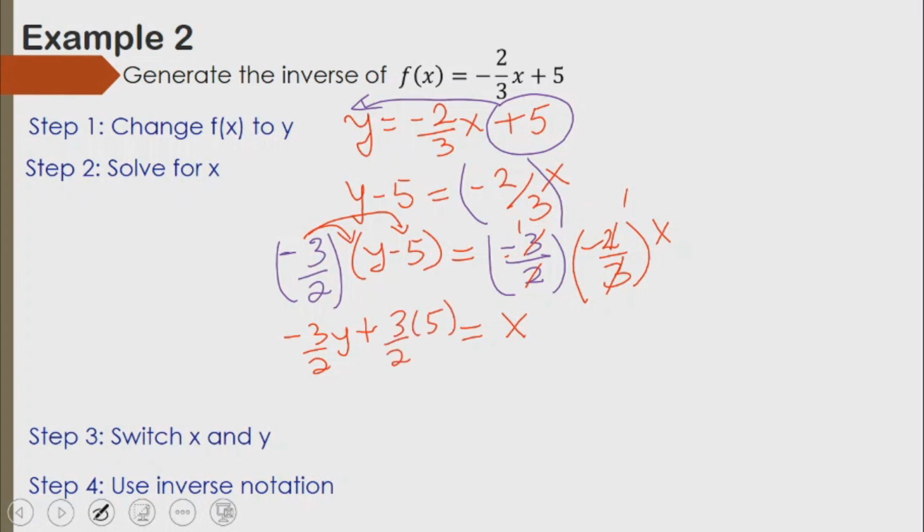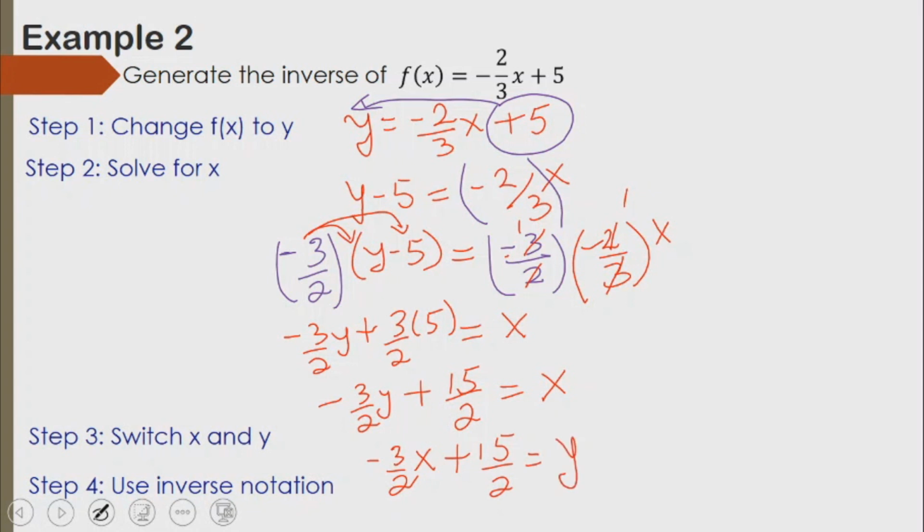And you see the way I'm using parentheses. Use the parentheses so that you don't make a mistake. So negative 3/2 y plus 15/2 will be equal to x. So we just switch the x and y to get our inverse equation. So it's going to be negative 3/2 x plus 15/2 equals y.